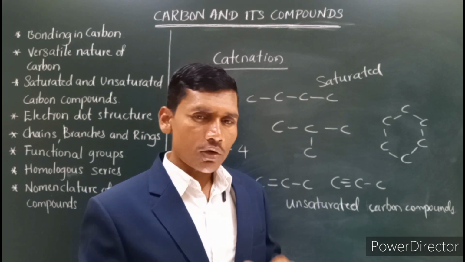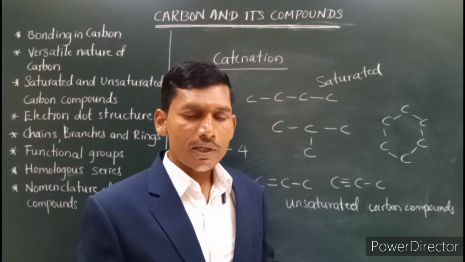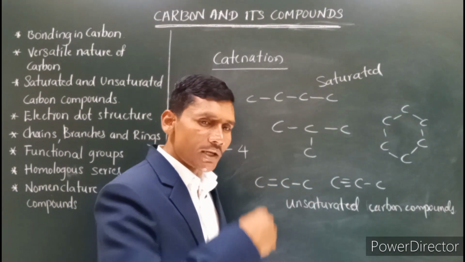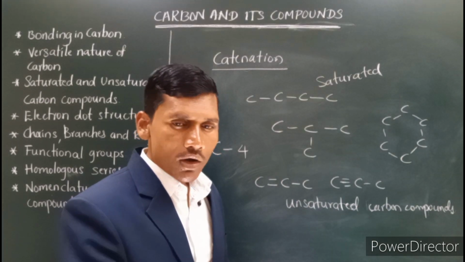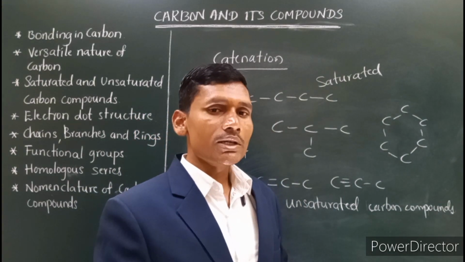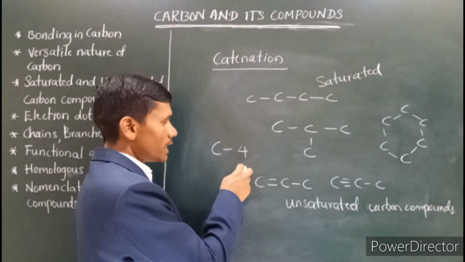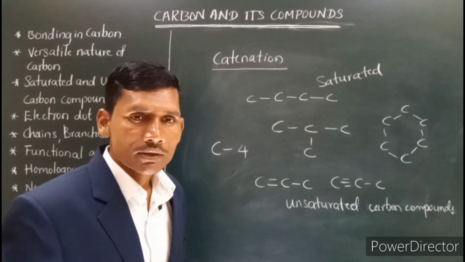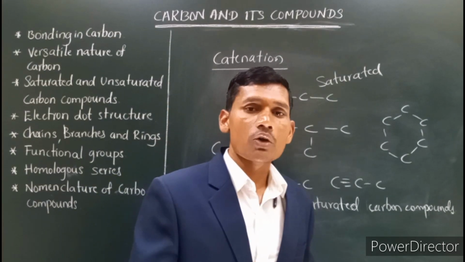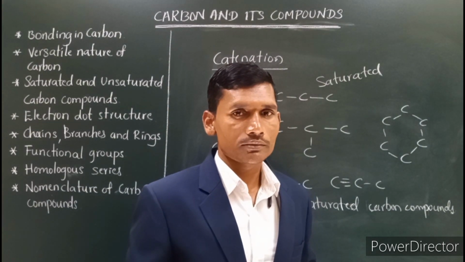As we already discussed in the previous section, since it is difficult to completely transfer 4 electrons or gain 4 electrons, it goes for sharing 4 electrons with other atoms in order to get a completely filled outermost orbit, that is, to attain noble gas configuration, the octet structure.